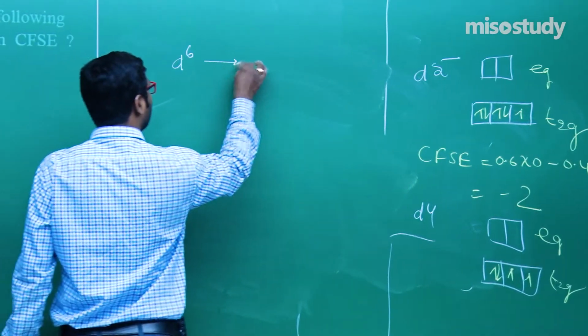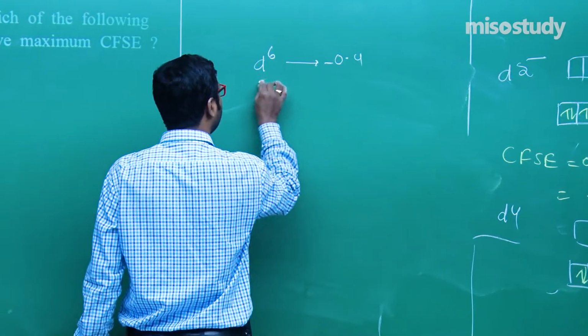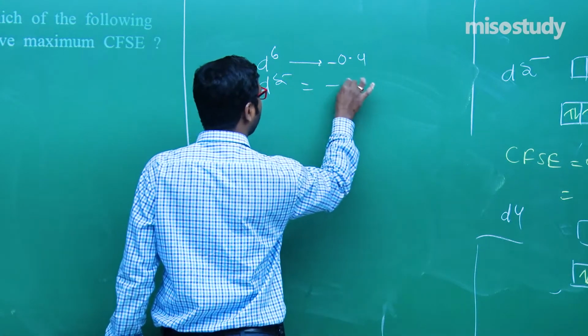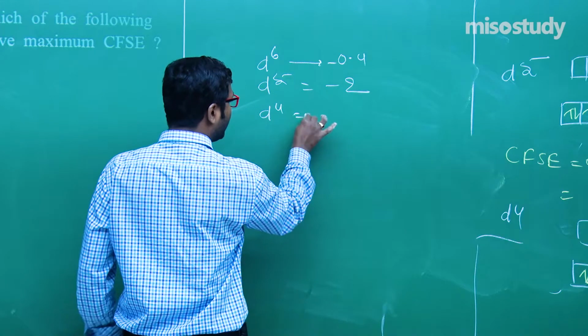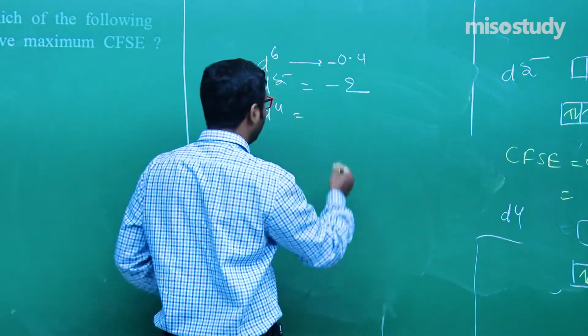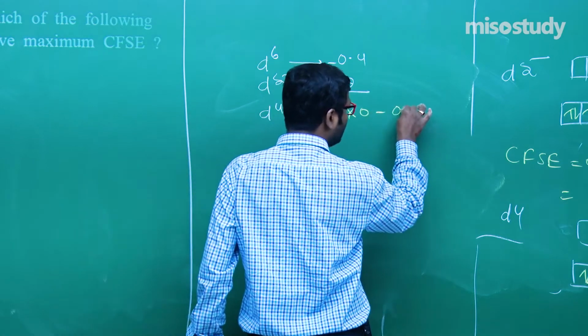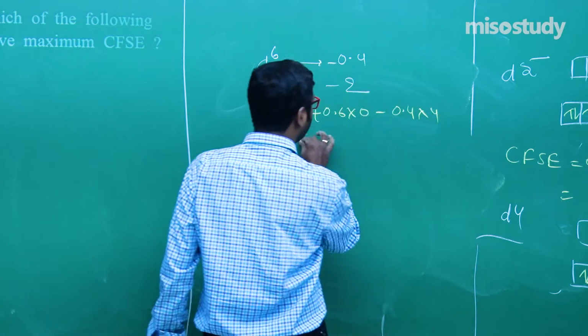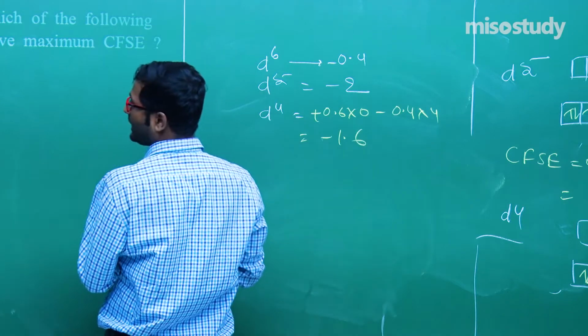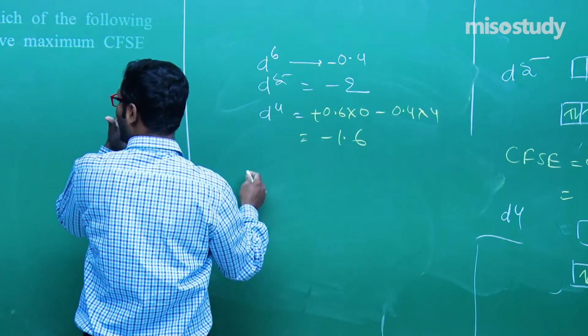For d6 we get minus 0.4. For d5 we got minus 2. For d4 we are getting plus 0.6 into 0 minus 0.4 into 4, that is minus 1.6.